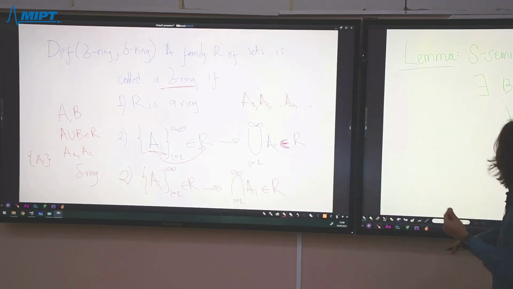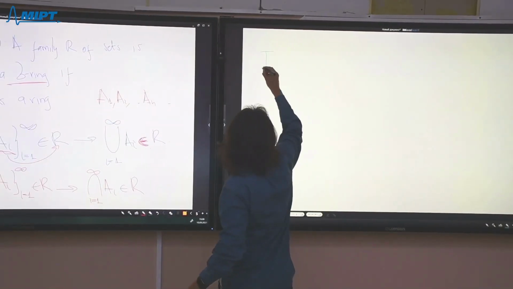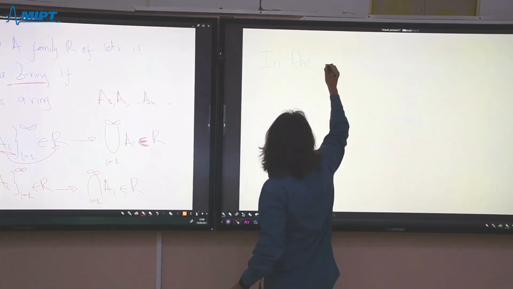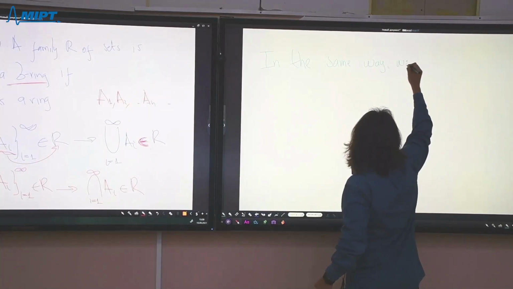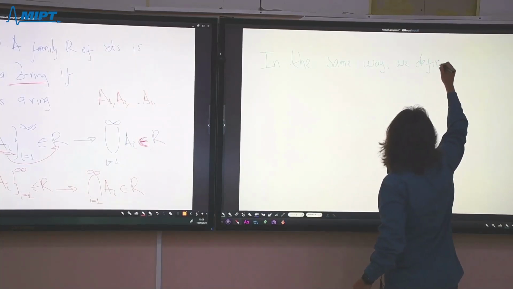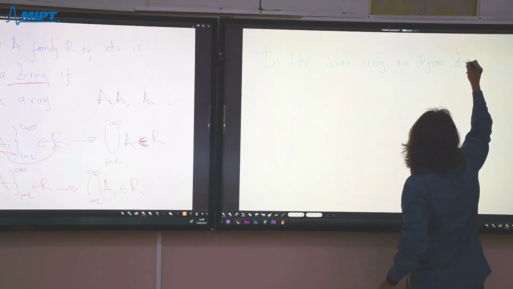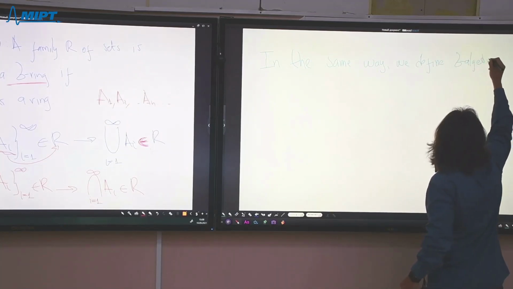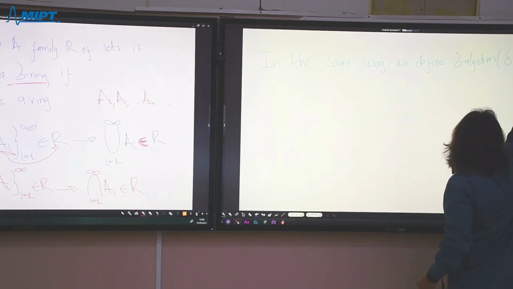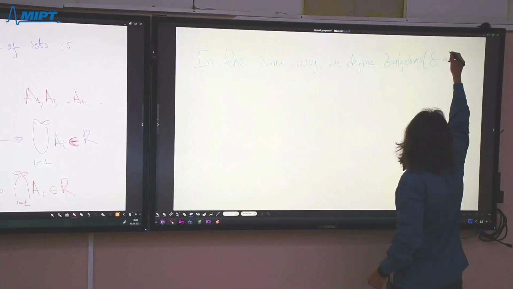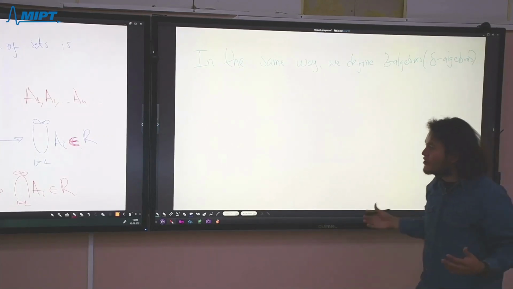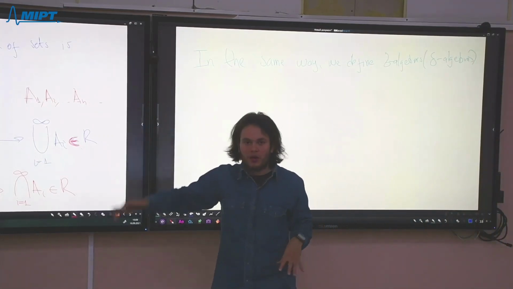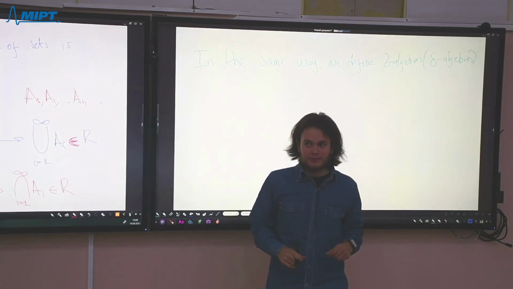Let me write that here. In the same way, we define sigma algebras and delta algebras. So the difference is that we have the universal set contained in the ring.